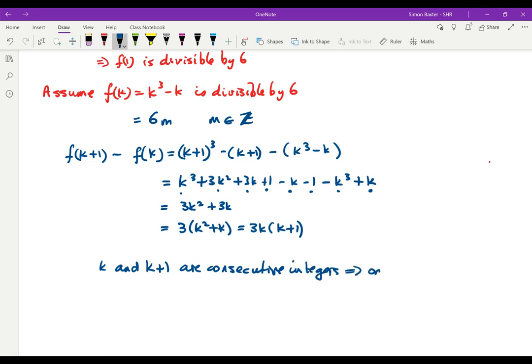So one of them must be even. Doesn't matter which one. If one of them is even, then the whole lot, k times k plus 1, must be even. So we could say that it is equal to 2 times, let's say, l, where l is an integer.